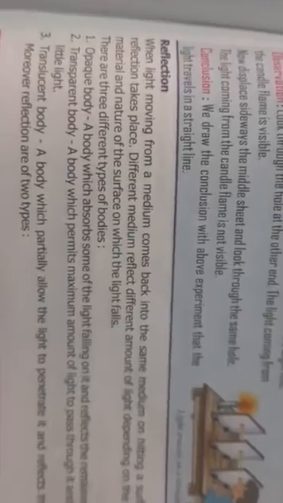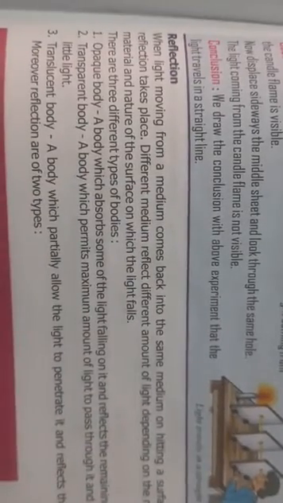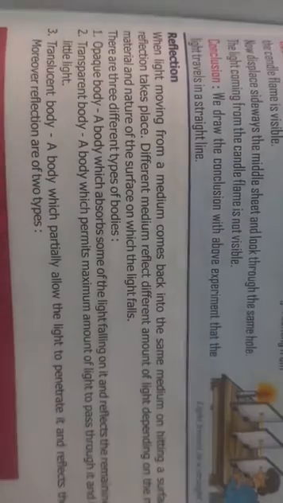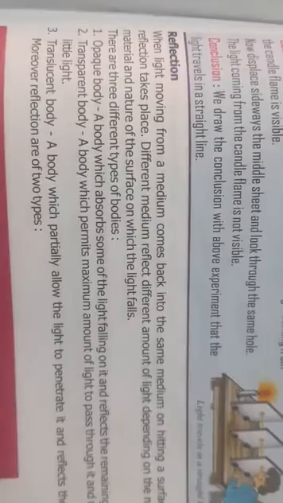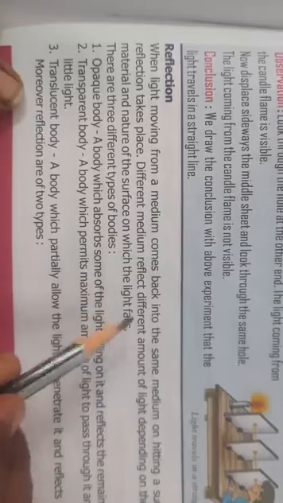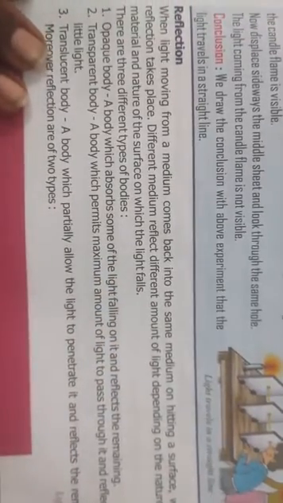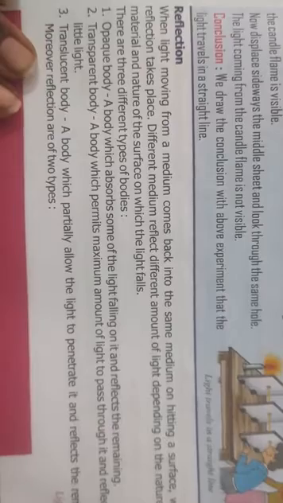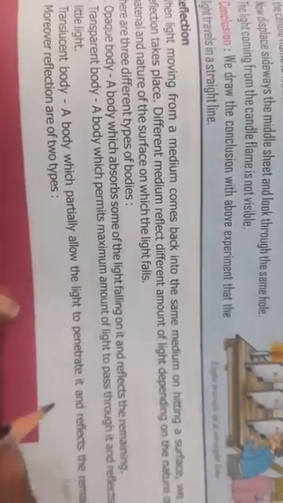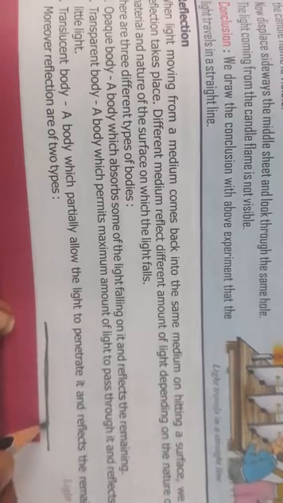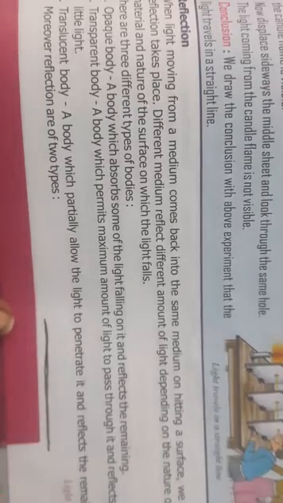Now we come to reflection. Now what is reflection? Whenever light moving from a medium comes back into the same medium on hitting a surface, we say that reflection takes place. Like see, you have got a medium here, say a table or anything.